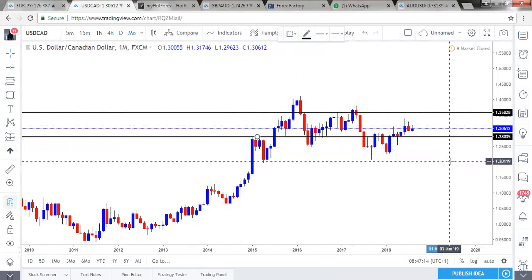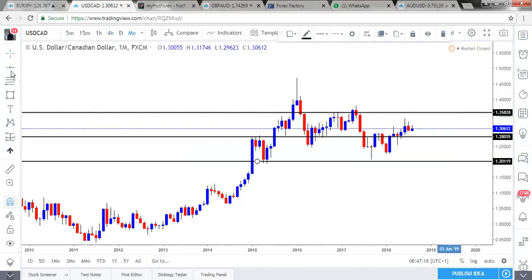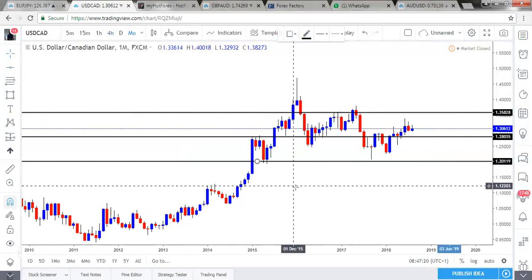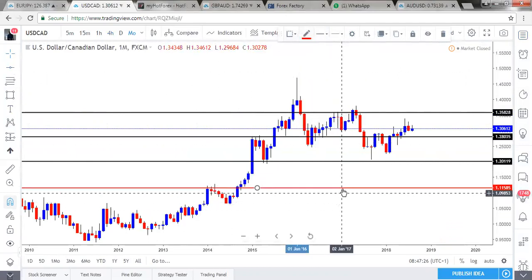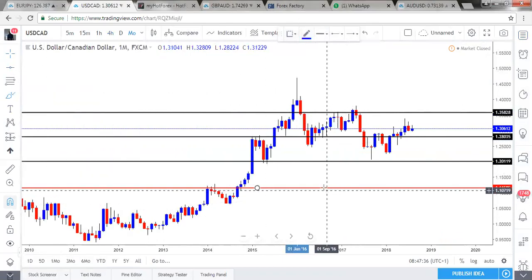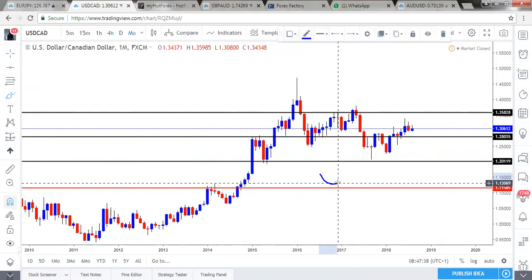And there's something else I need to show you guys as well. Now this is also valid. Let's assume we have this line. This is a support line. Let me make it a different color. Now let's assume this is a support line. Now when you have price coming like this, you have price coming like this, you have price like this, it didn't touch it, right?